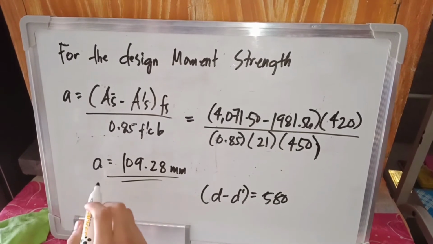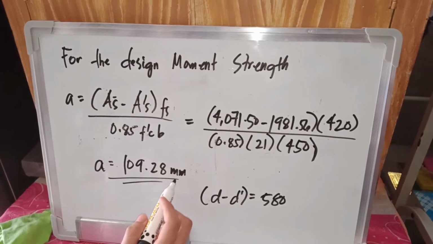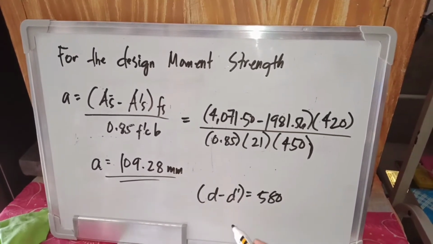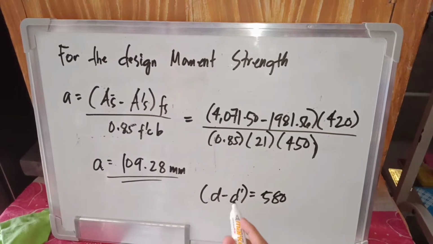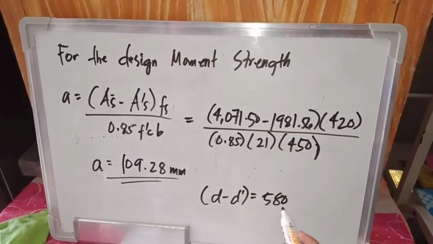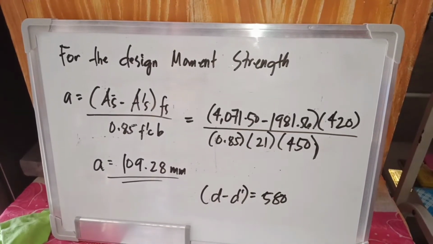The result is A equal to 109.28. As additional information, D minus D prime is equal to 580, considering our figure before.